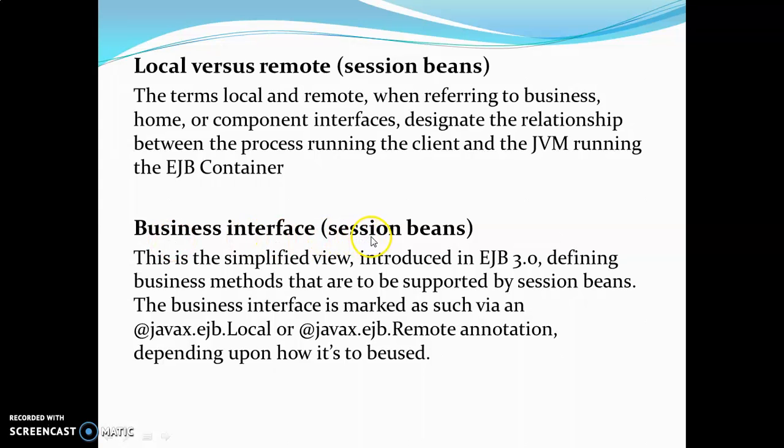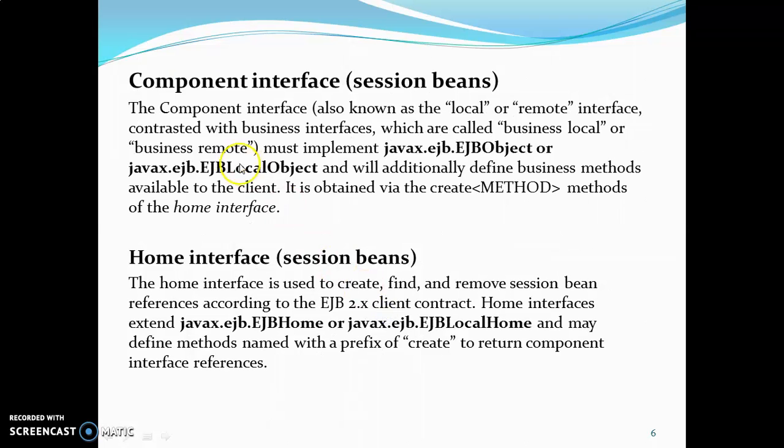So next is the business interface, where we are making use of the local or remote interface. We will be making use of the annotations, that is EJB.local and EJB.remote, depending upon whether that business interface must be used locally or as a remote method. Similarly, there is one more called the component interface, which is also known as the local or remote interface, contrasted with the business interfaces, which are most of the time EJB object or local object.